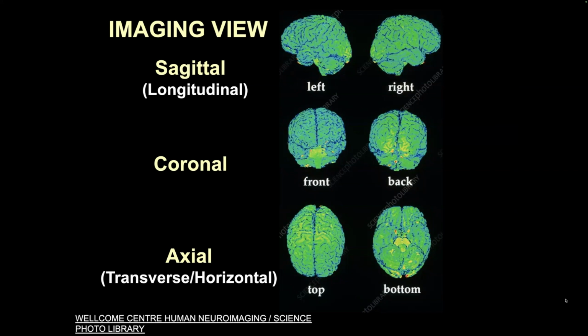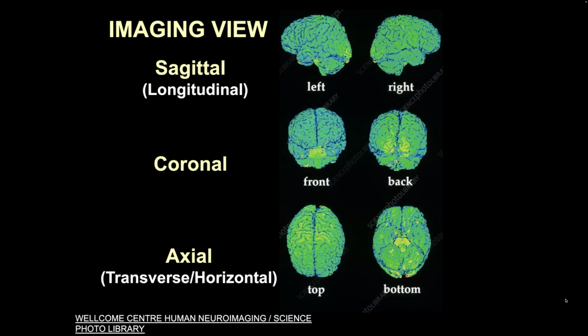So when we talk about imaging the brain and viewing the brain, there's different views that you should be familiar with. And the first is sagittal, and that's when we look at slices of the brain or images of the brain. We're looking at the left or the right. Imagine looking in by the ear, left or right. And then coronal would be if you look at the face of somebody, if you remove their face and their skull, you're looking straight at the brain from the front or the back.